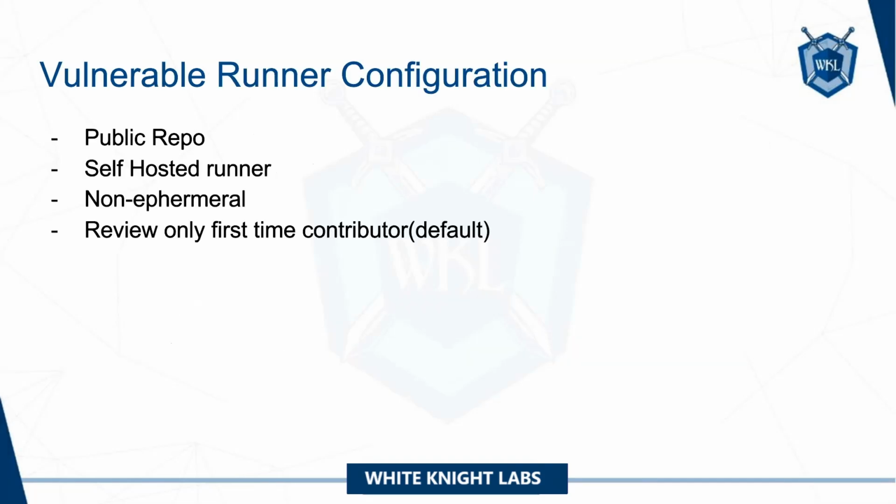A vulnerable runner would contain the following configuration. First, it would be running in a public repository's workflow, and it would be running on a self-hosted runner which is non-ephemeral.